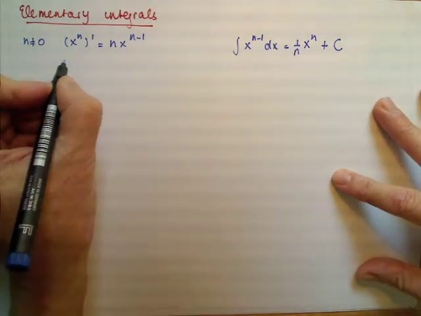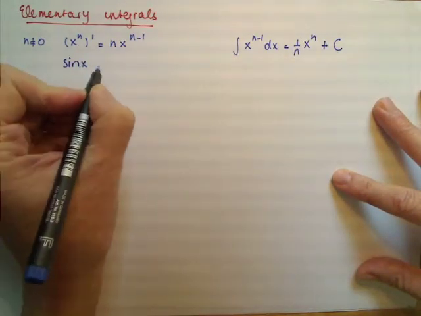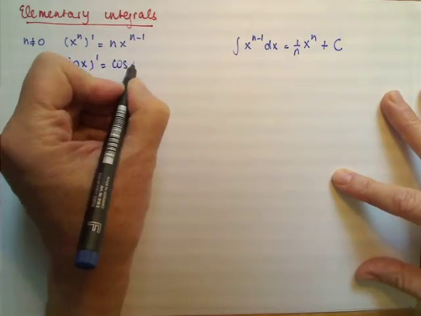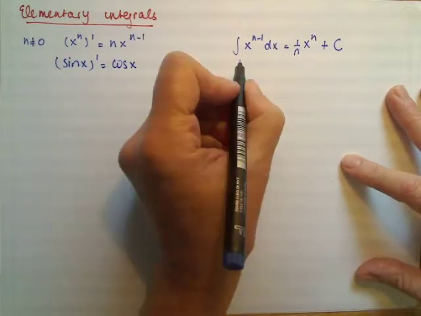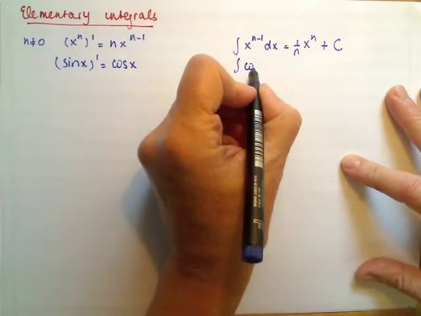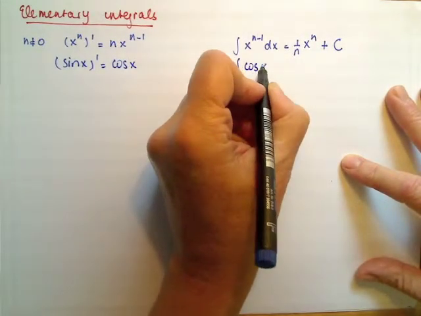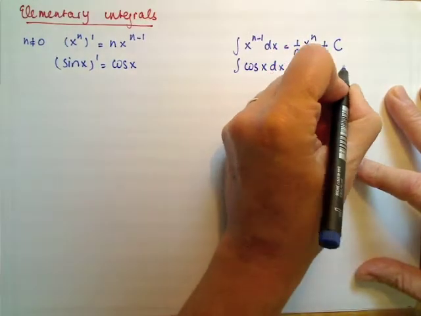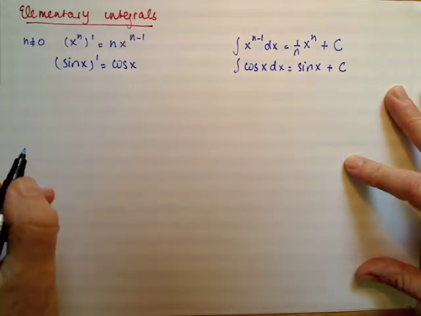The second function we want to consider is sine of x. If we differentiate, we get cosine of x. So if we go back, we see that the primitive of cosine x is equal to sine of x plus an arbitrary constant.